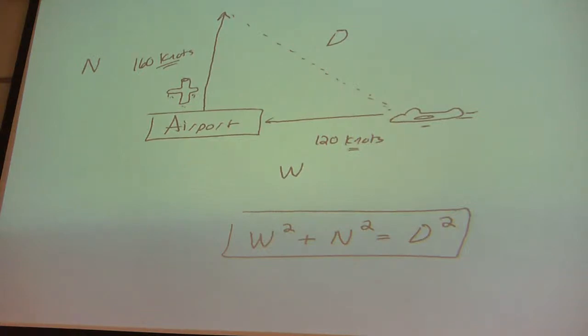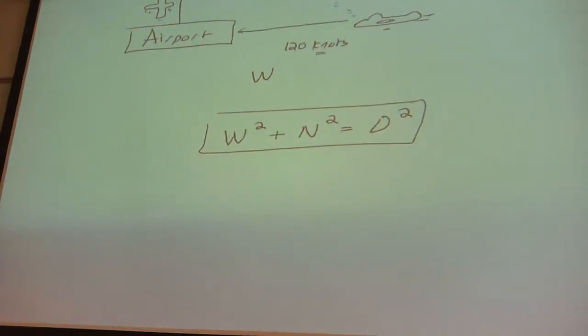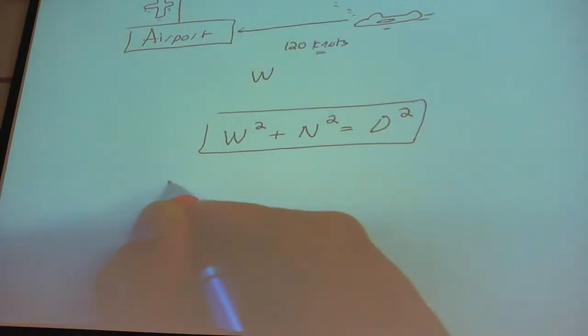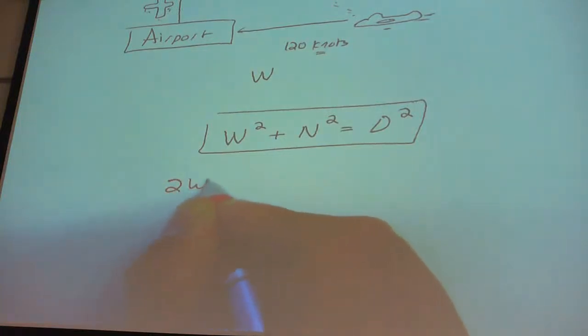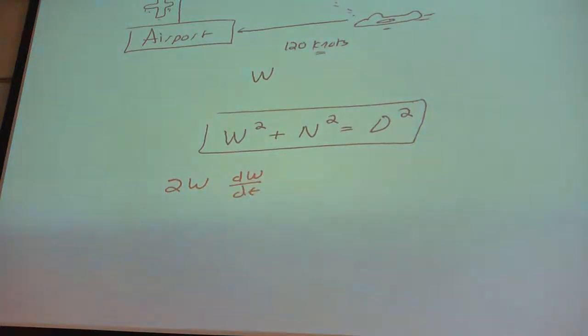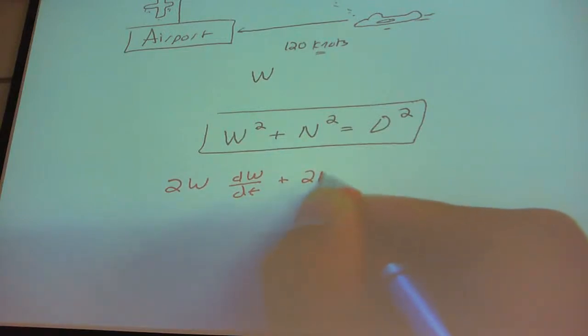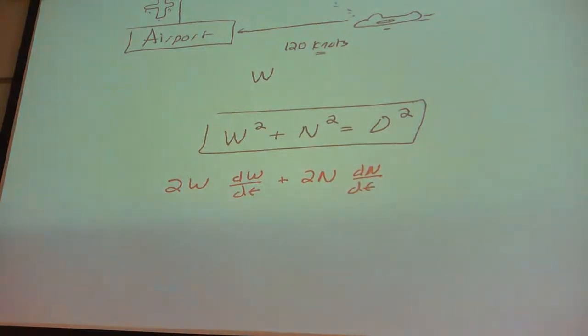Now, just like last time, we're going to take the derivative. So if I take the derivative, this will be what? What's the derivative of w squared? 2w, but this will be derivative of w with respect to t, plus 2n, derivative of n with respect to t.